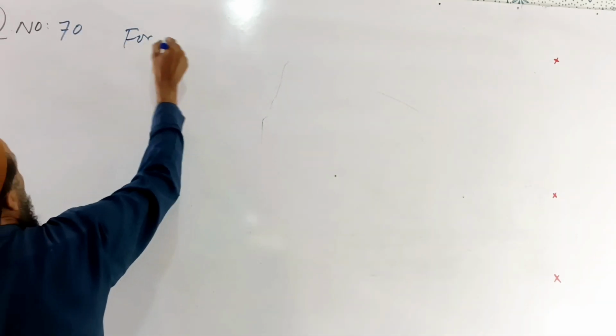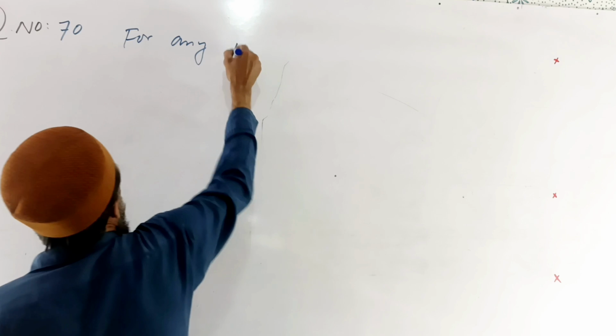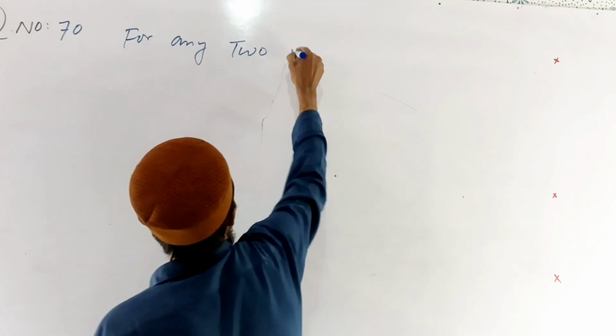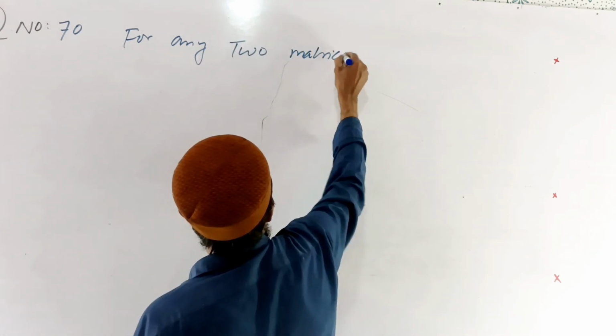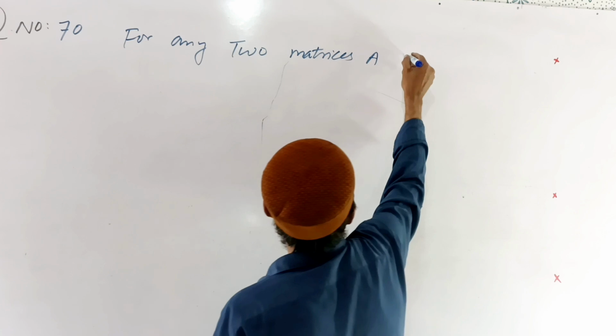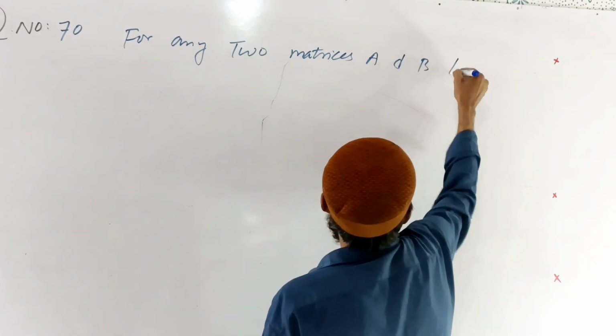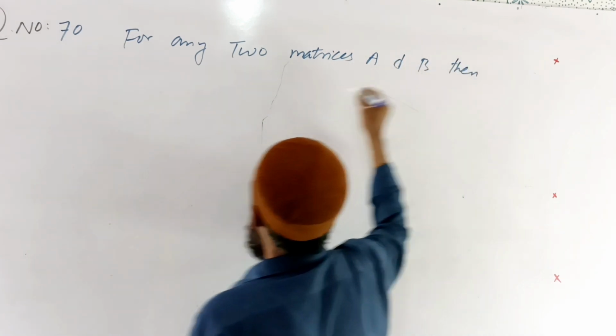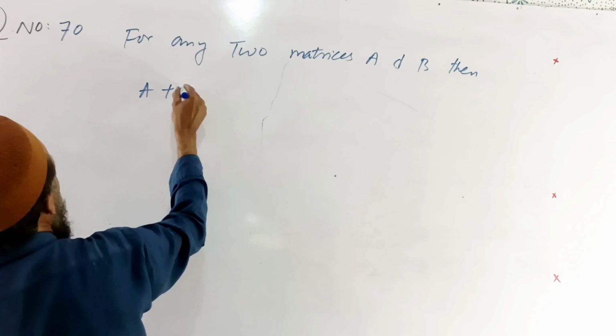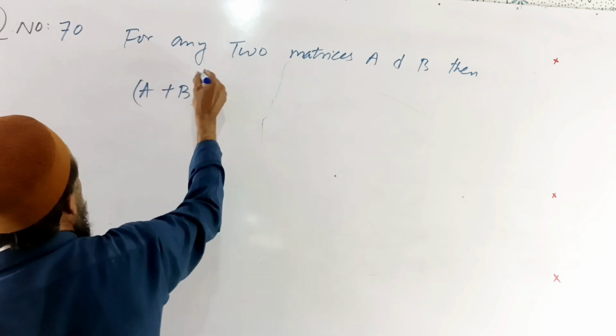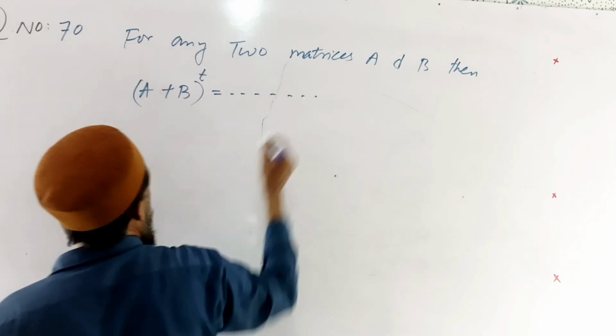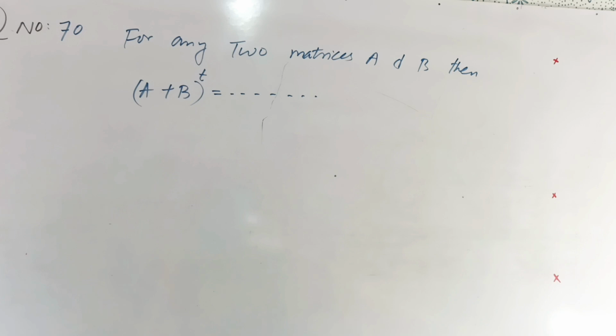For any two matrices A and B, then (A plus B) whole transpose is equal to what is the result?